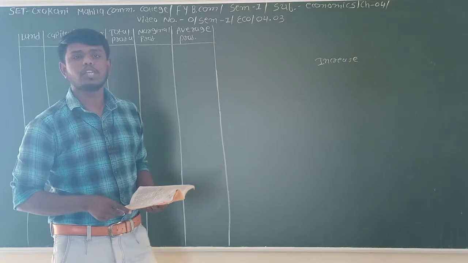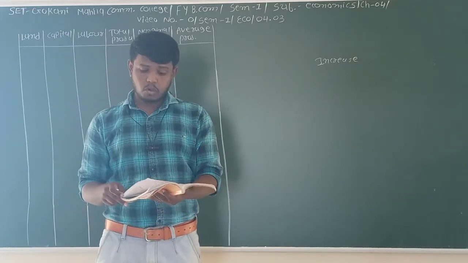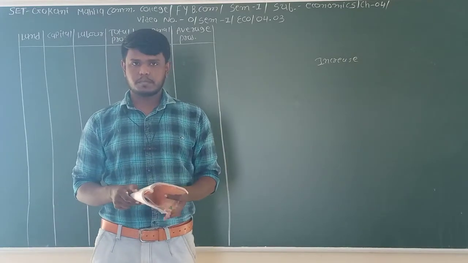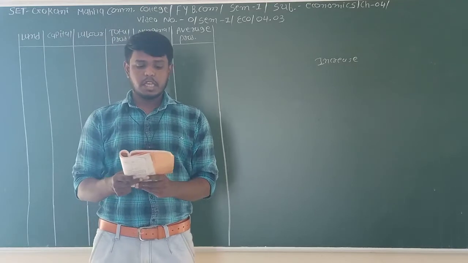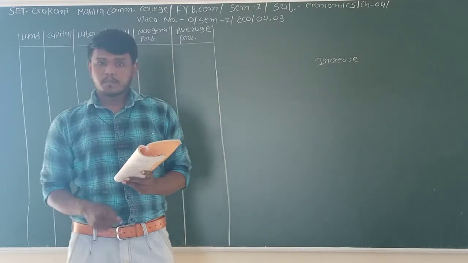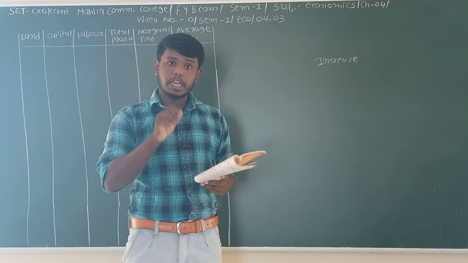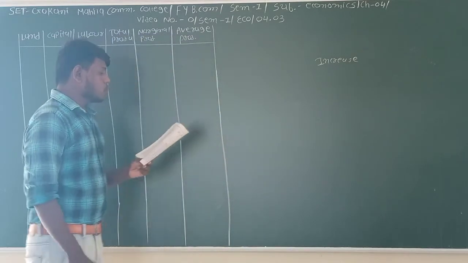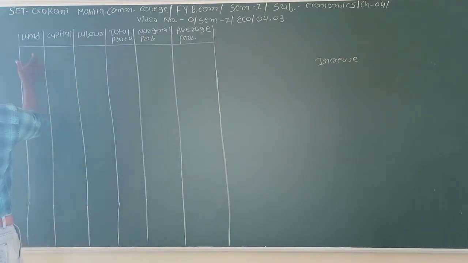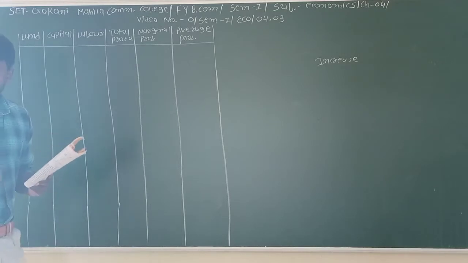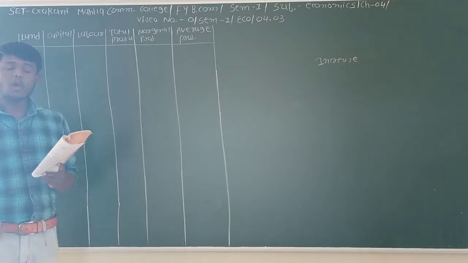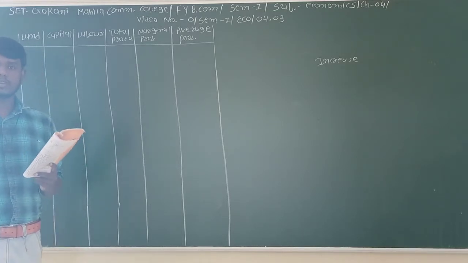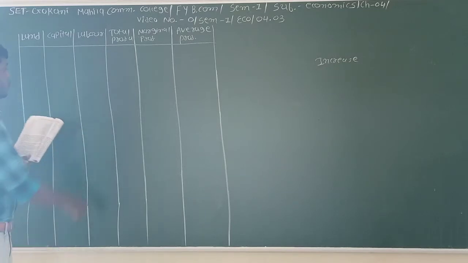This same example is also given in your book on page number 76. On page 76, there is a box. The first column is L, which stands for land. The second is capital, how much capital you employ in your business organization. Then the third column is for labor.